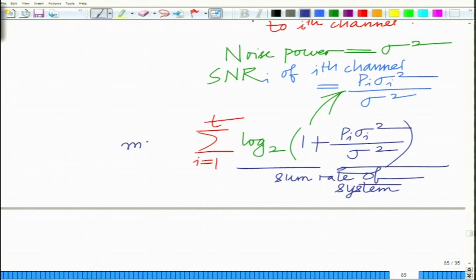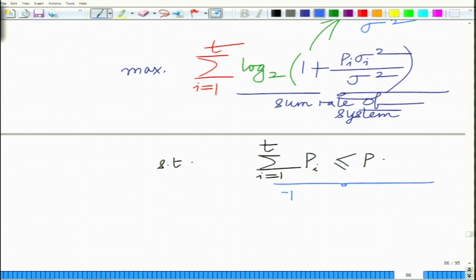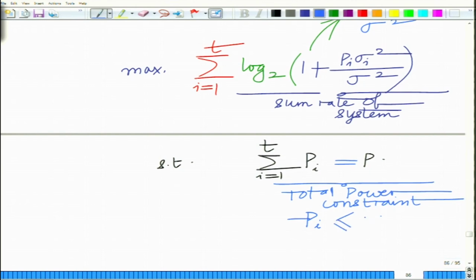The maximum sum rate will be obtained when you maximize this, subject to the power constraint that the summation of i equal to 1 to t of pi is less than or equal to P. This is your total power constraint, or you can say summation of pi equals P. Also pi greater than or equal to 0, or rather minus pi less than or equal to 0, that is, vector p bar is component wise less than or equal to 0.